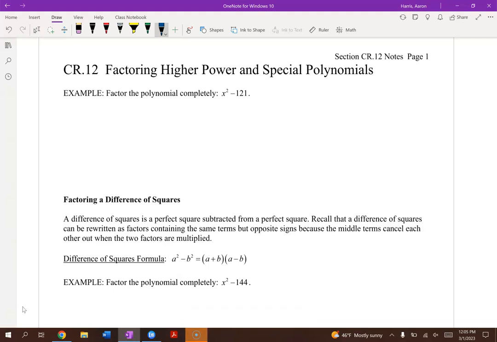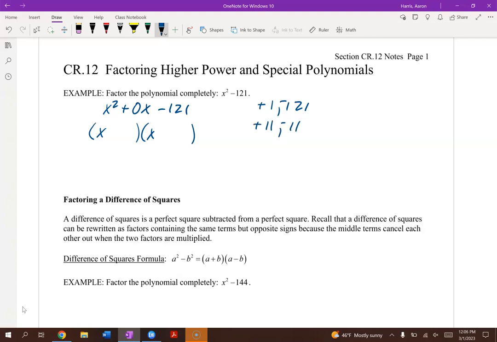So if you think about our last approach to this, if we thought about this as a trinomial, we'd have nothing in as that bx term, right? And so we'd factor it thinking, well, whatever factors of 121, you start factoring all the 121. One's got to be positive, one's got to be negative, 11, 11.